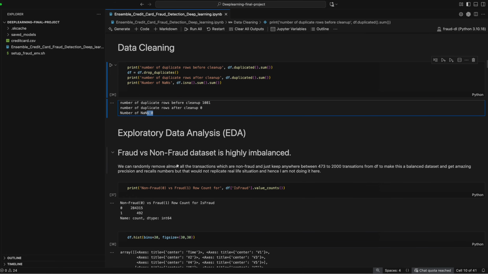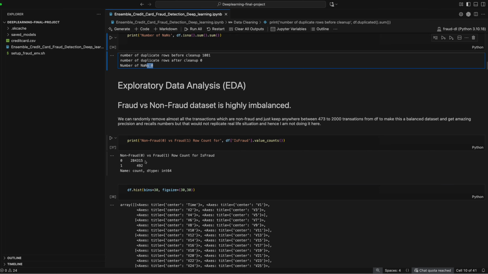In terms of EDA, if you look at the data, we have a lot of non-frauds and very few frauds, of course, because frauds are rare, and that's why you don't have evenly distributed data. So we have a very imbalanced data set, which is a good use case for the real world, but it puts us under a lot of pressure to do well in this model, because if the number of frauds and non-frauds were the same, then the models would have done really well in predicting because they have a lot of data to support them.